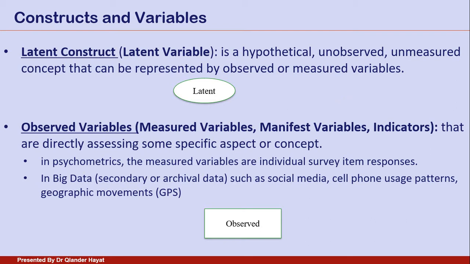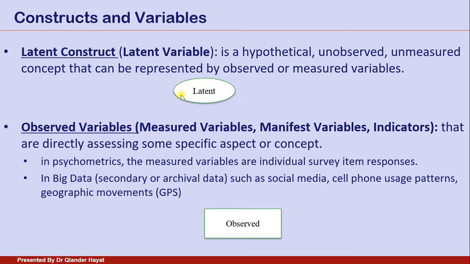For example, in psychometrics, the measured variables are individual survey item responses of the individuals, or in big data or secondary or archival data, the data on social media, cell phone usage patterns, or geographic movement. All this data which is directly observed or measured is known as observed variables, while the hypothetical or unmeasured concepts which are represented by observed variables are known as latent constructs or latent variables.